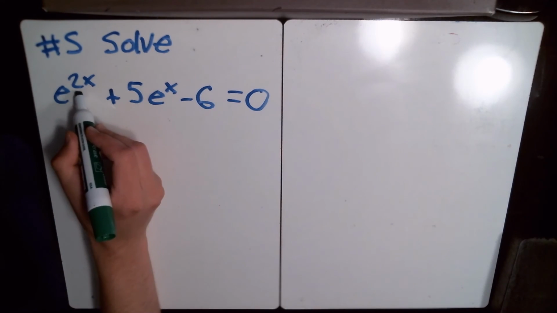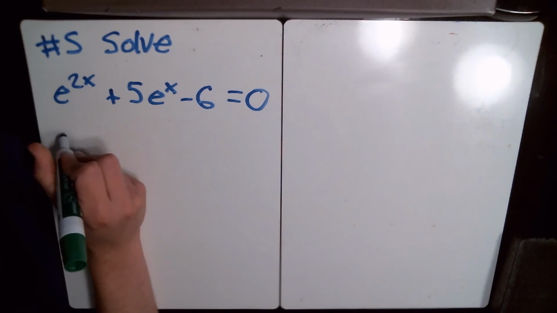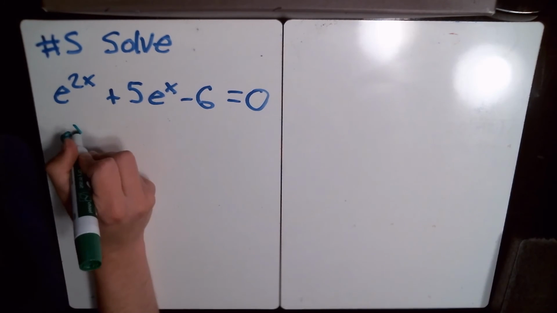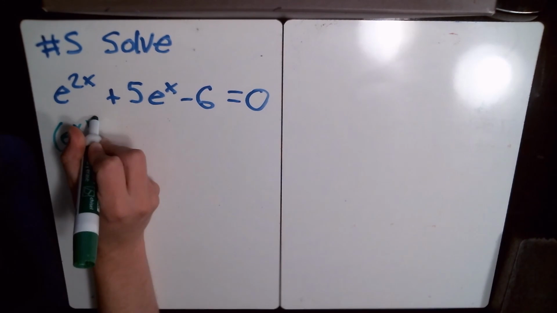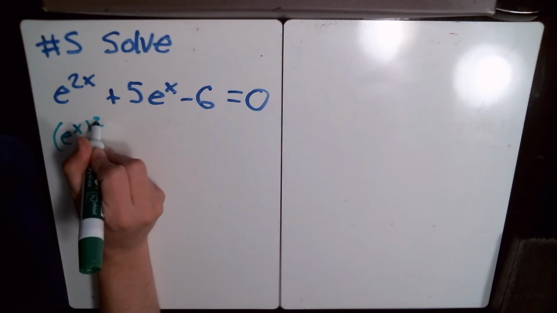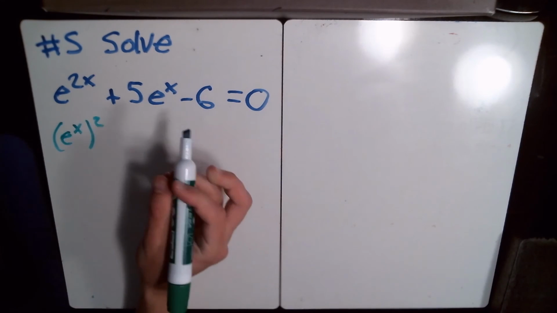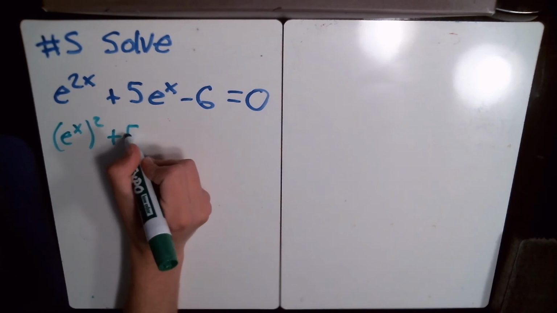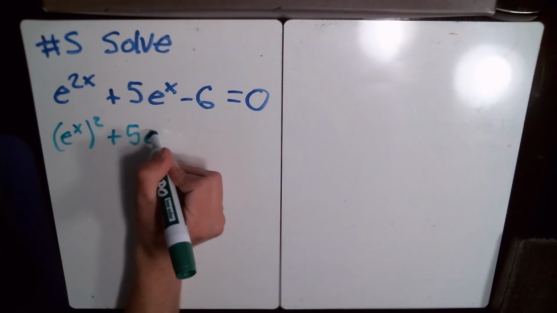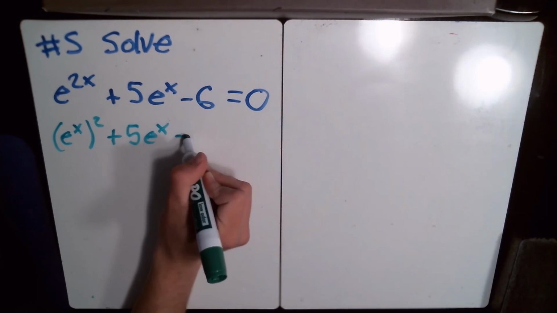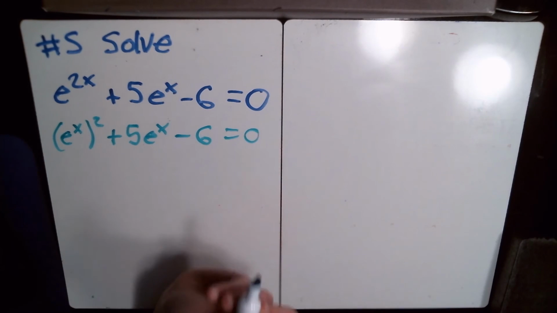If you notice here, you've got e to the 2x, and that's the same as e to the x squared, right? When you have exponents to exponents, you multiply the exponents. And then 5 times regular e to the x, minus 6 is 0.